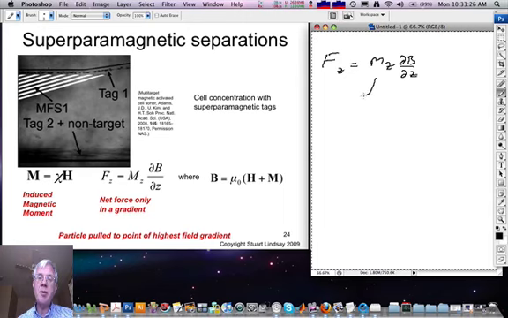In the case of a superparamagnetic particle, the dipole moment itself is induced by the absolute value of the field at that point. So the presence of a field polarizes the particles. The field gradient then attracts the particles to some point.